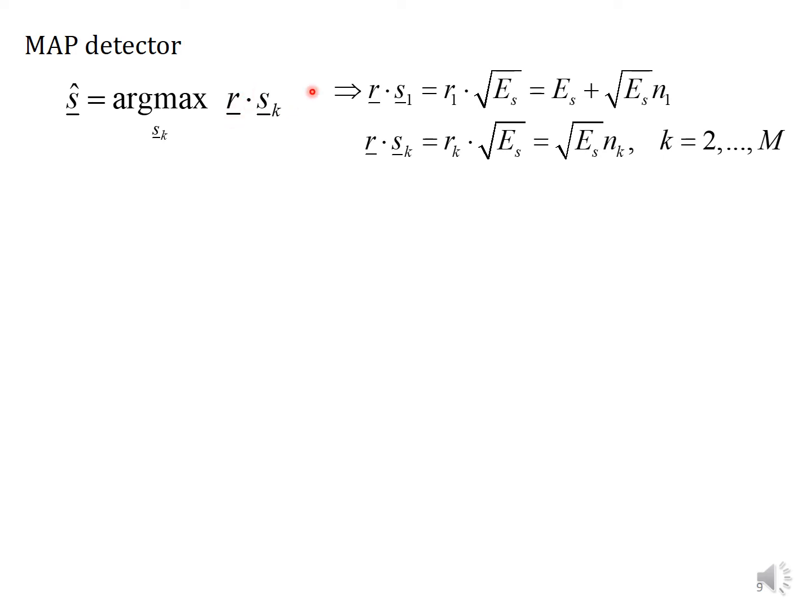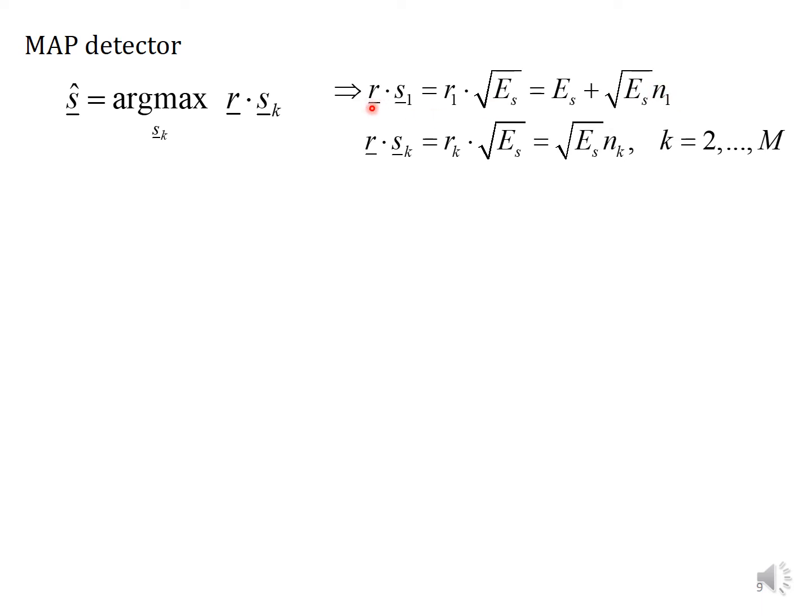The inner product with each candidate, with each source, right? We have the inner product with source 1. Source 1 has a non-zero mean value, the source plus noise 1.